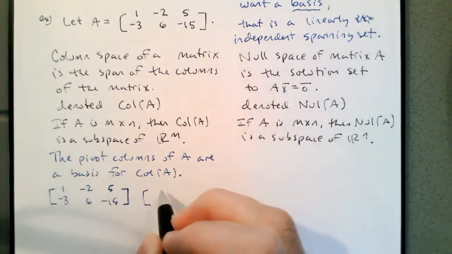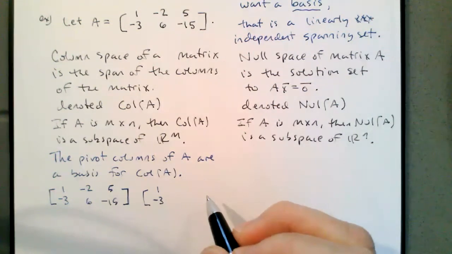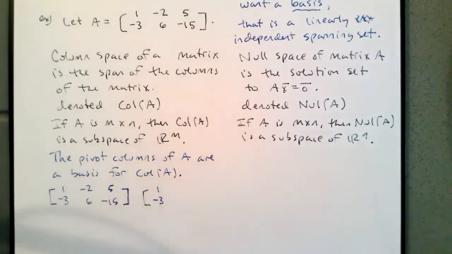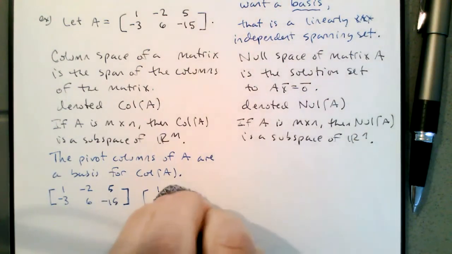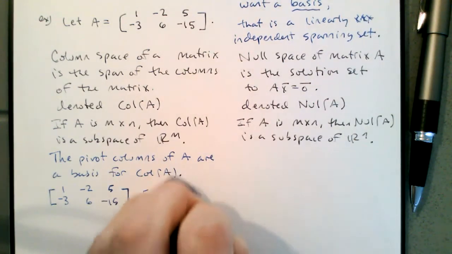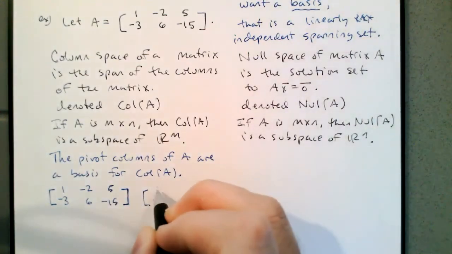The reduced row echelon form is going to be 1, -3. Oops, sorry. So I'm going to get 1, 0.